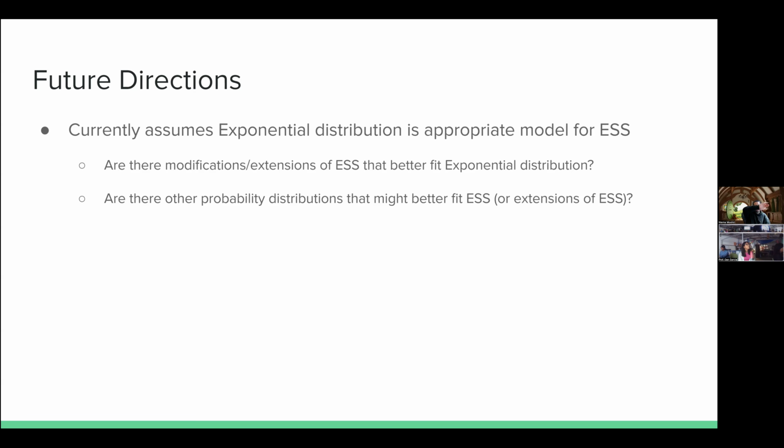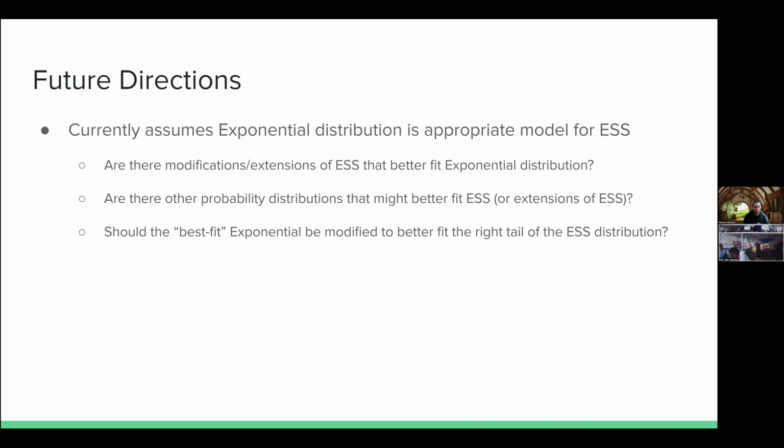So something that takes into account that dip at the beginning, or something that better accounts for humps that occur later on in the outlier range, just because this is not a continuous curve and we do have a smallest possible count. 1 is the smallest possible count for a given similarity score. And maybe the best fit exponential should be modified in some way to better fit the right tail of the distribution. So maybe it doesn't as nicely fit the linear portion, but maybe I should shift it a little bit to better fit the right tail. All sorts of things like that.